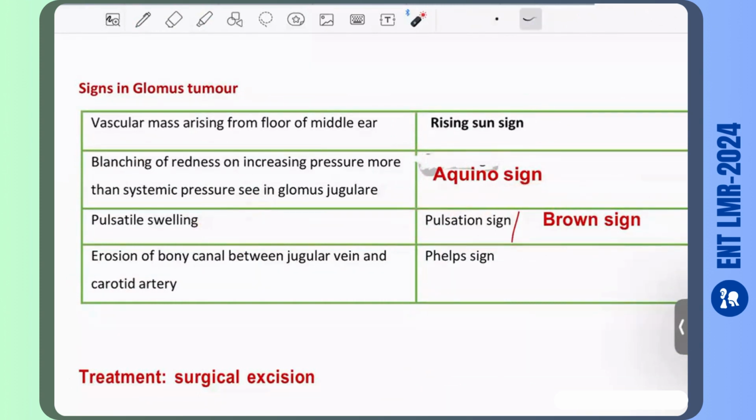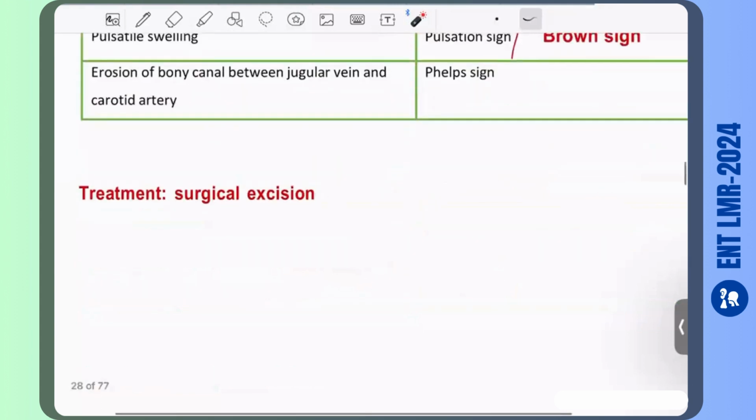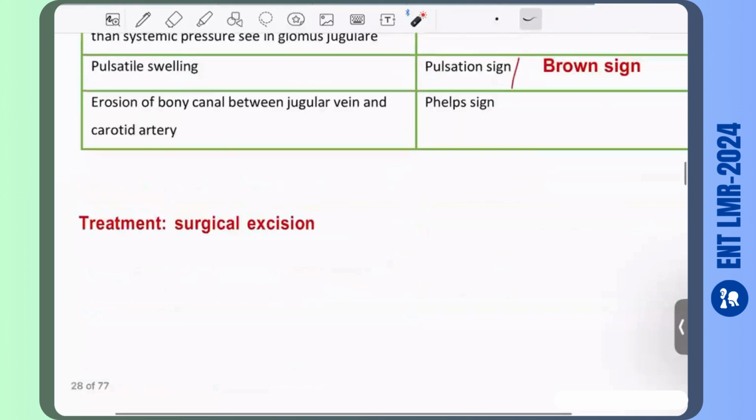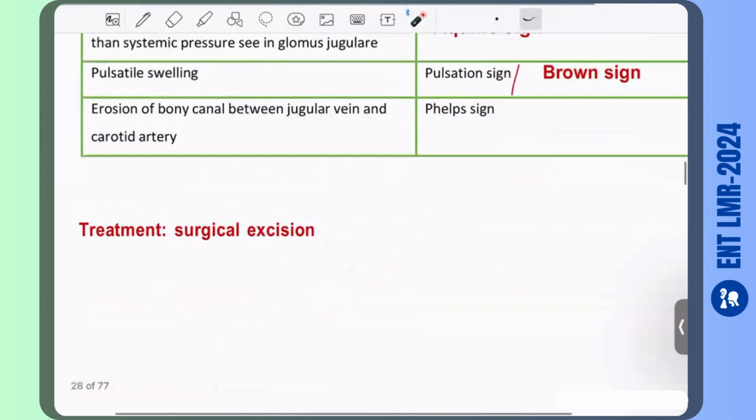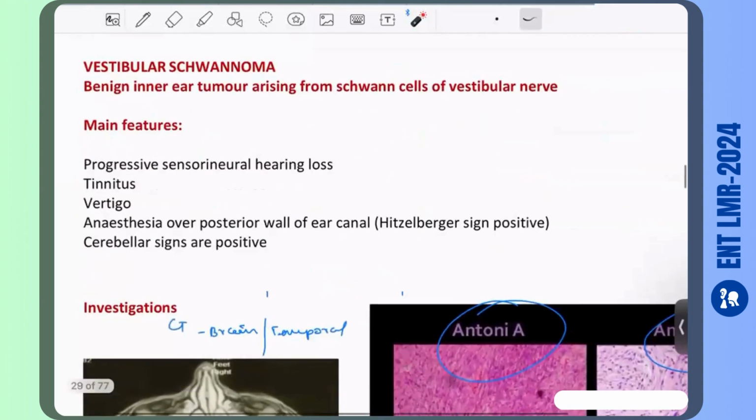If on CT scan you see erosion of the bony canal between the jugular vein and carotid artery, it is called Phelps sign. So: rising sun sign, Aquino sign, Brown sign, and Phelps sign. Treatment for glomus tumor is surgical excision.